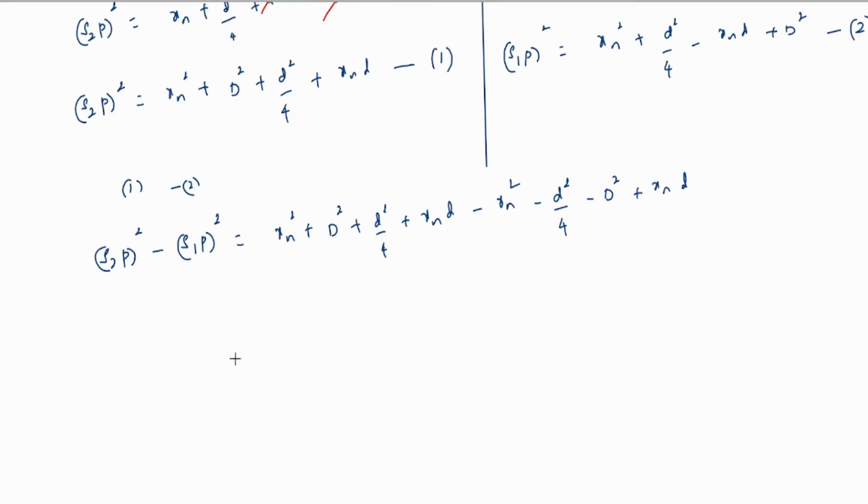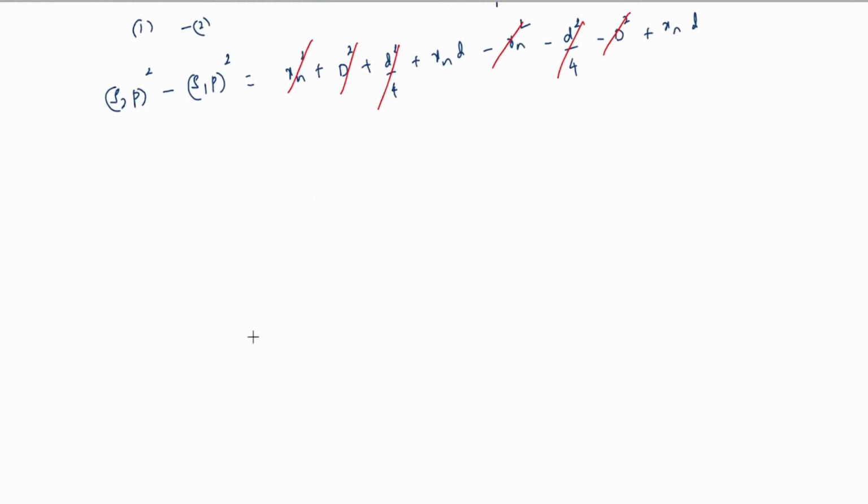This term gets cancelled, this gets cancelled, this gets cancelled. Finally what remains is S2P the whole square minus S1P the whole square is equal to this plus this, that will be 2 times xn into d.